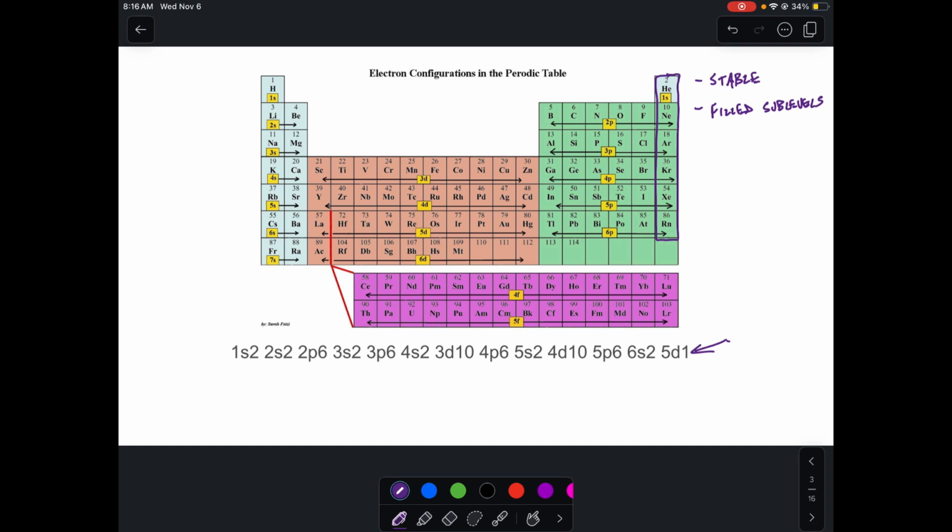And that makes sense, because we're in the P block here, and we know that P gets a maximum of 6, and to get there, we got 1, 2, 3, 4, 5, 6 right here. So every one of these elements has a filled sublevel, even helium, which is not a P block element. So we're going to use noble gases to write a configuration that's a little bit shorter.